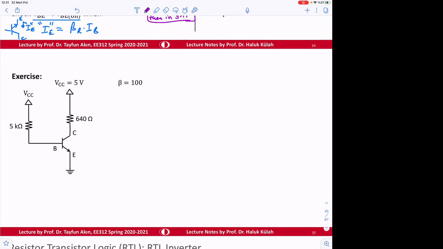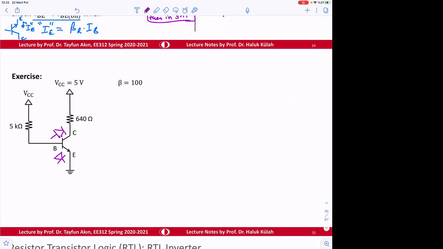I mean, we can check this element, for example, and what is the state of the transistor. Now we will look at this junction, possibility of this junction, and this junction.